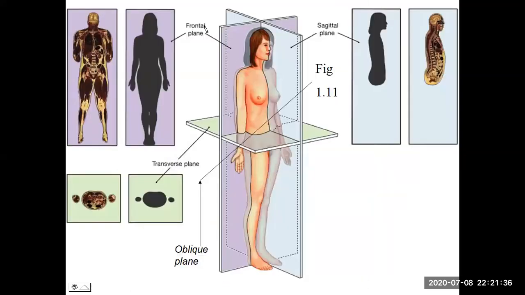We now have the term either frontal or coronal. This is another longitudinal plane running the length of the body. The difference is a sagittal plane will divide into right and left components. A frontal plane will divide into anterior and posterior components.